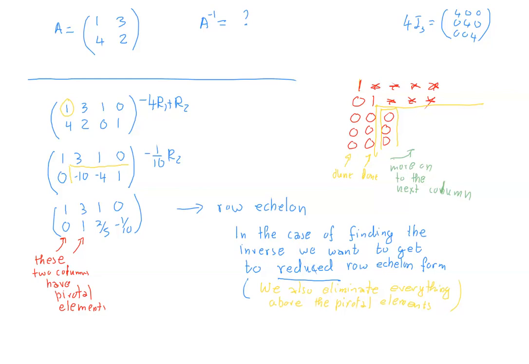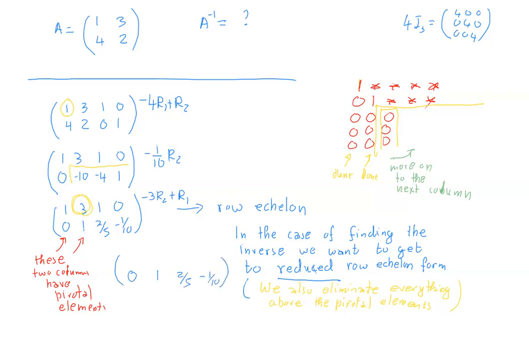So what am I supposed to eliminate? I'm going to eliminate just this. How do I eliminate this? You use R2. So minus 3R2 plus R1. And what will happen? The second column remains the same. So you get 0, 1, 2/5, negative 1/10.